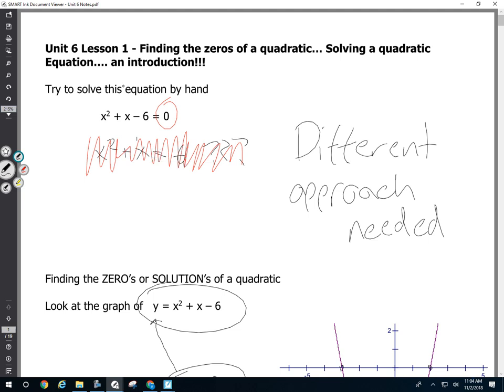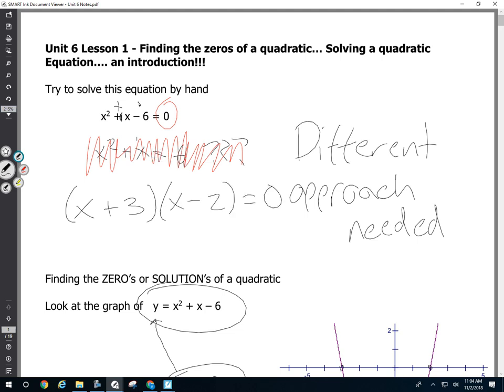How do we factor? Well, we use the understanding of the distribution of two terms, both leading with x. The two numbers that end up next to x add to get the middle coefficient, and multiply to get the final coefficient. The two numbers are going to be 3 and -2. I would rewrite this as x plus 3 and x minus 2.